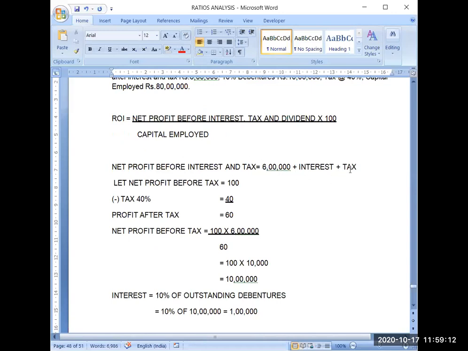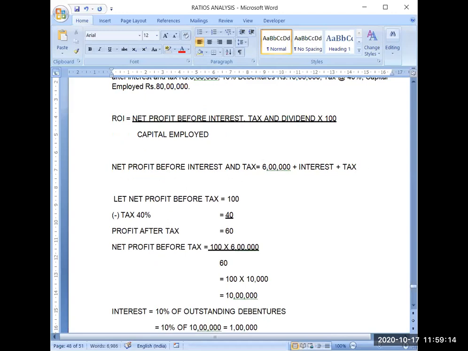So here, net profit before tax and interest is equal to net profit before tax plus interest.